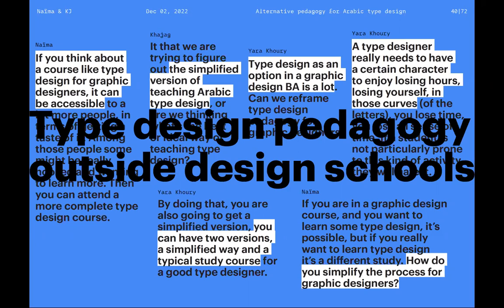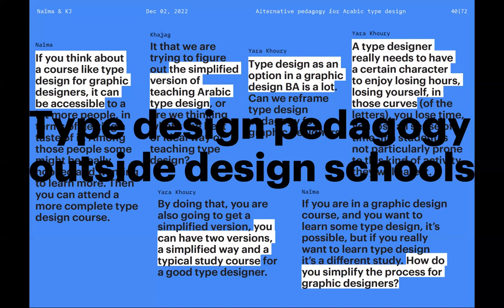At the same time, there is a big gap: the proper courses dedicated to type design are at MA level or even higher, if we talk about type and media and reading, for example. And so you need to have been through a journey of graphic design or another study to reach those diplomas.